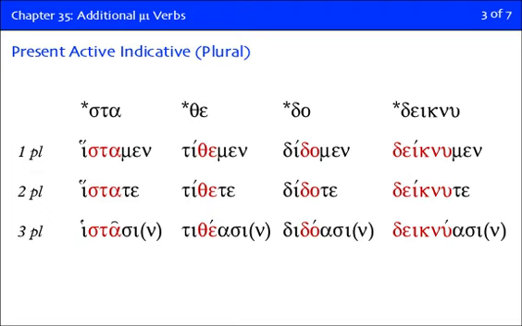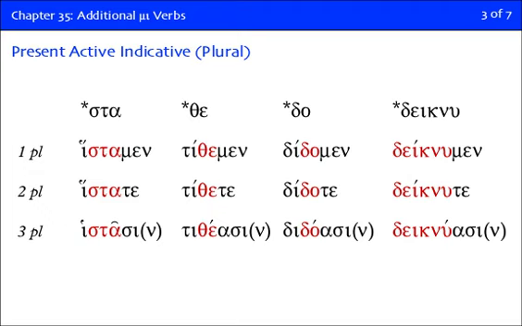Same thing. And then deiknumi is deiknumen, deiknute, deiknuasi. See what's going on in these words? If you get didomi firmly in your head, if you know the roots of the other mi verbs, and if you know the peculiarities of a few of those mi verbs, then the mi verb system falls into place.